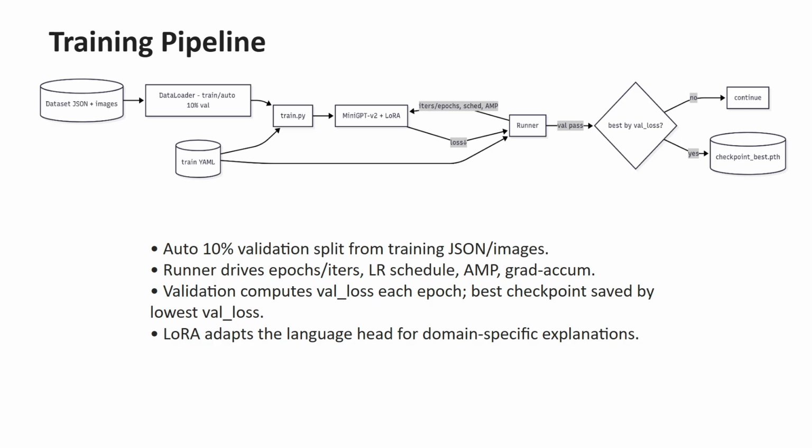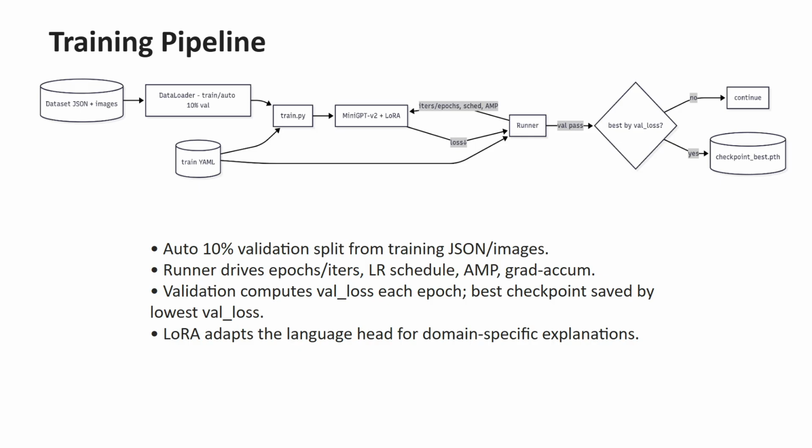We used, like I said, about 2,000 plus images, and those images were sent to the OpenAI API, and the OpenAI API was told to generate image captions, or question answer pairs, and those question answer pairs are stored in a JSON with human question and assistant answer turns. It is sent to the data loader.